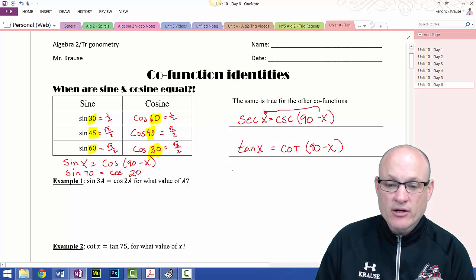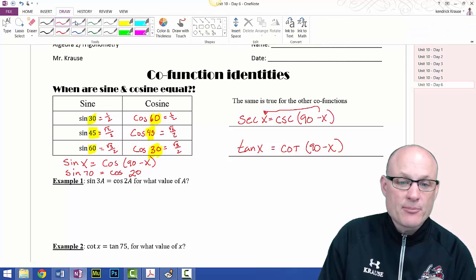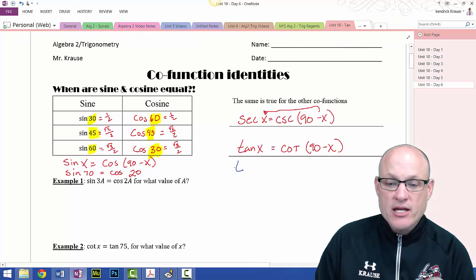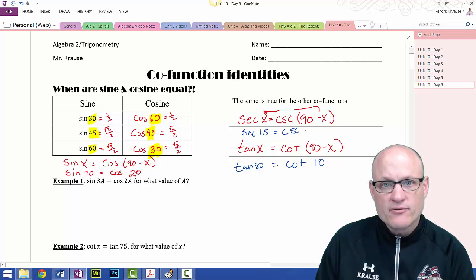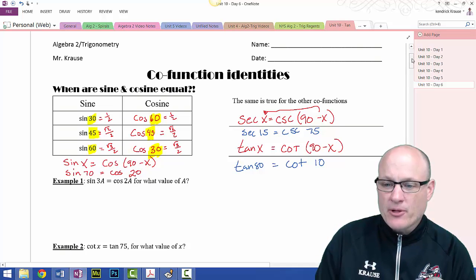So, a typical example: the tangent of 80 is equal to the cotangent of 10. Or the secant of 15 is equal to the cosecant of 90 minus 15, which is 75. Well, that comes into play in some of these problems.